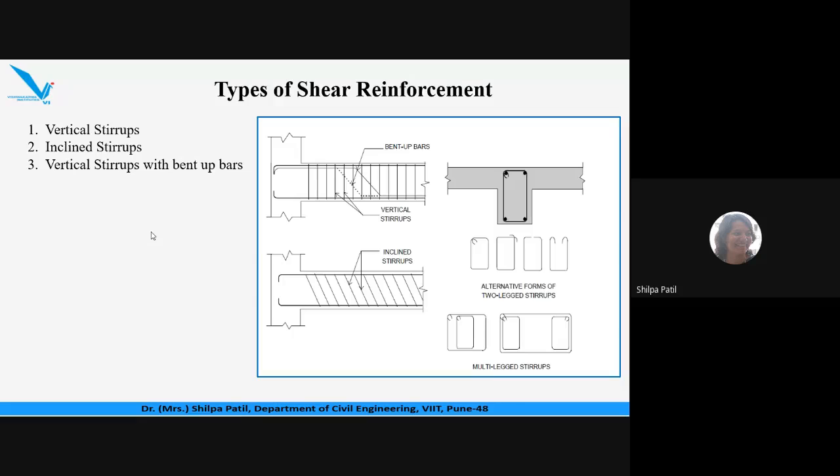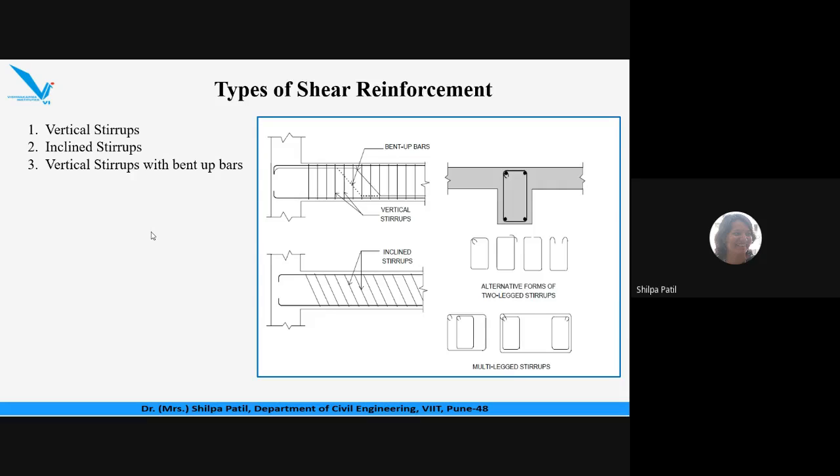In the beam, we always have to design shear reinforcement, but depending upon how much shear force is acting on a beam, we have to decide whether we need to provide additional shear reinforcement in the form of stirrups and bent up bars, or there is no need to provide additional separately designed shear reinforcement. Whether the minimum shear reinforcement suggested by the code is sufficient or not, that also we need to check in the design steps. So is it clear to everybody?